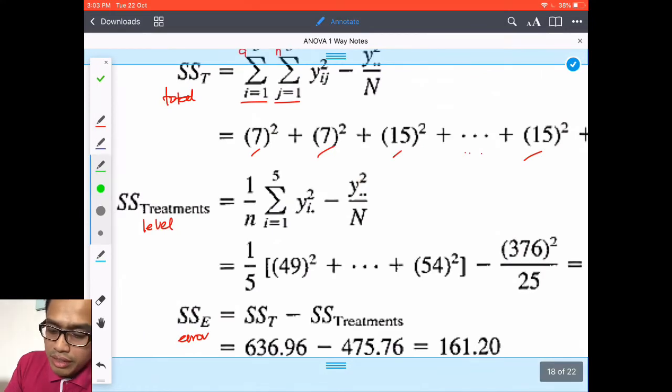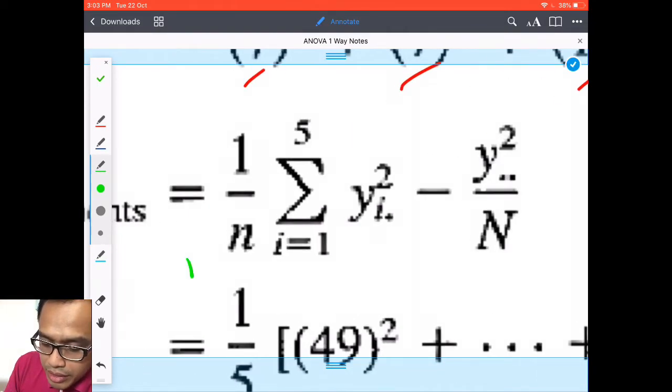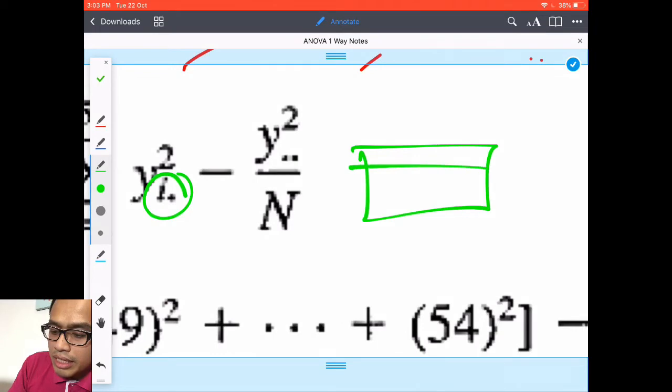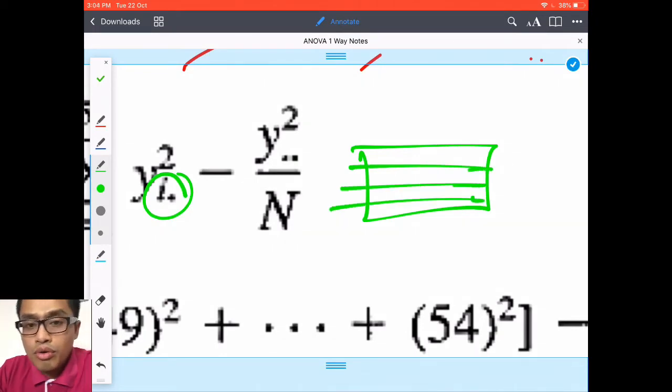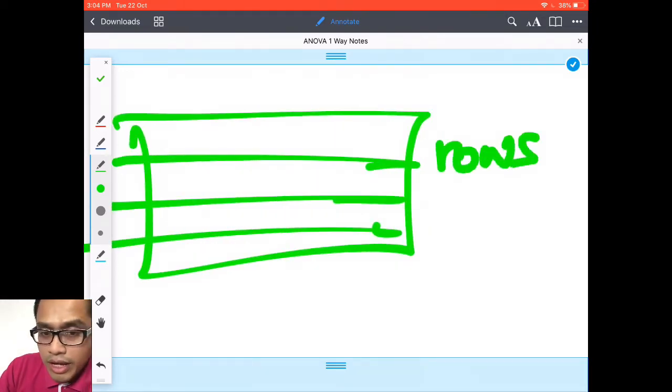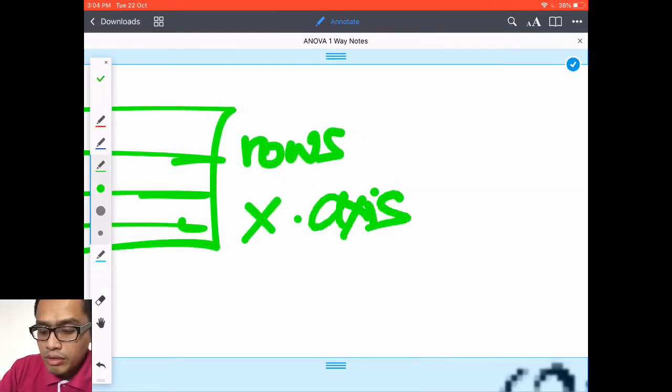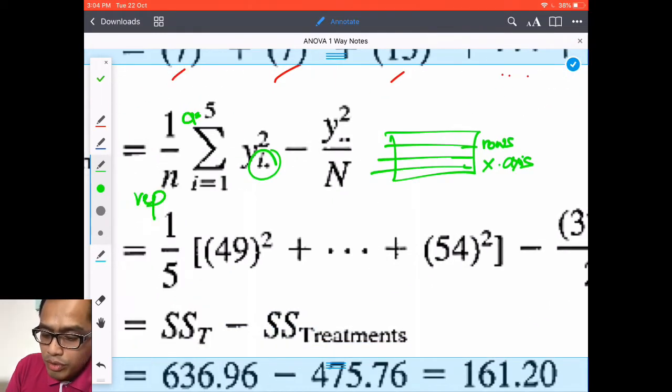For the treatment, let's use another color. Let's use green. So here is your repetition, right? Here is your i to a. This one is level. It means you have 5 levels. For each of these rows, you see here i and dot. That means if you have a table that works like this, you go for each of the i. What is i? X-axis. What is x-axis? Rows. Right? So here you see, what is this? 49 and dot, dot, dot, and 54. Where do we get this?